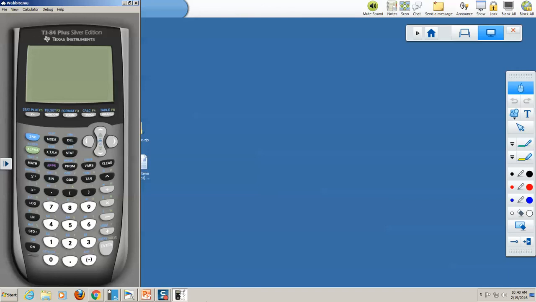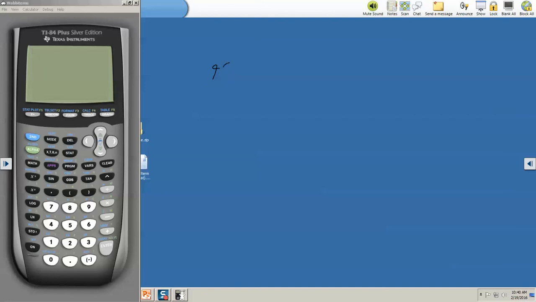So we are trying to find, let's go ahead and just do an example here. Let's do a 95% confidence interval. And let's say my sample size is 25.